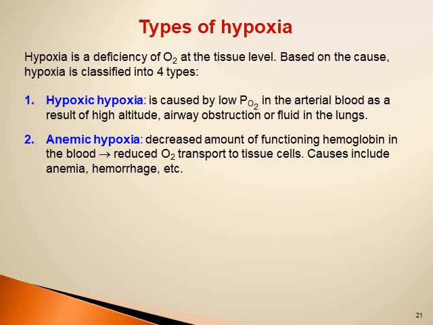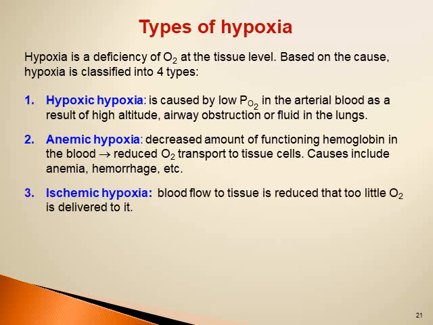This will lead to reduced oxygen transport to the tissue cells, and causes include anemia, hemorrhage, etc. This is called anemic hypoxia. So the problem is that we have less hemoglobin carrying oxygen due to either anemia or loss of blood cells in hemorrhage or blood loss.